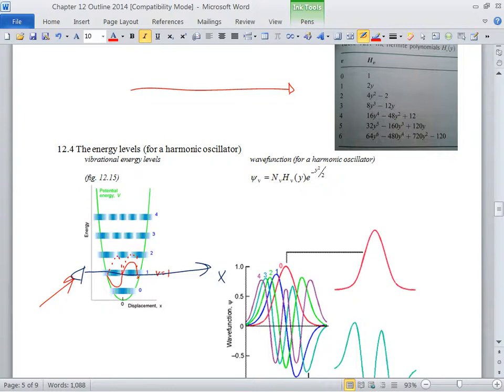If I could put anything on the test, if I wanted you to find the normalized wave function for v equals 1, what would you do?